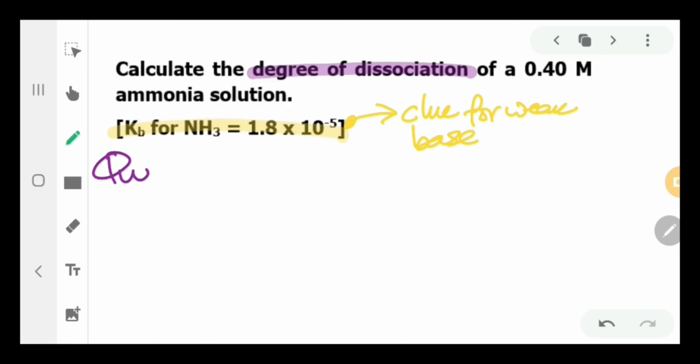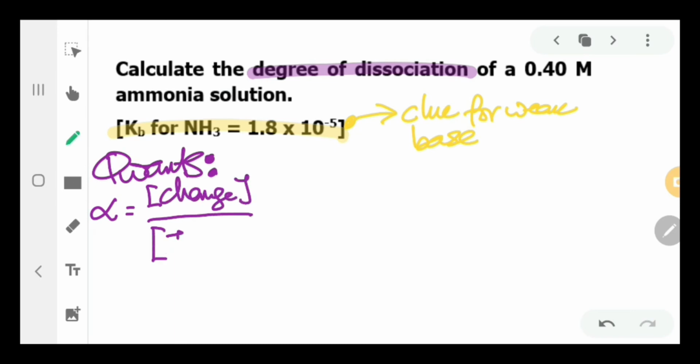The question wants you to find the degree of dissociation. Therefore, we need to find the concentration of the change divided by the concentration of the initial. Initial of what?